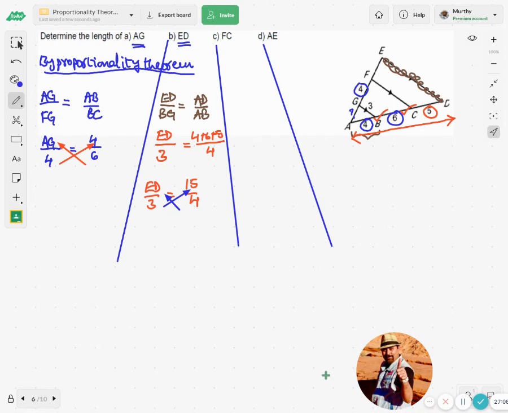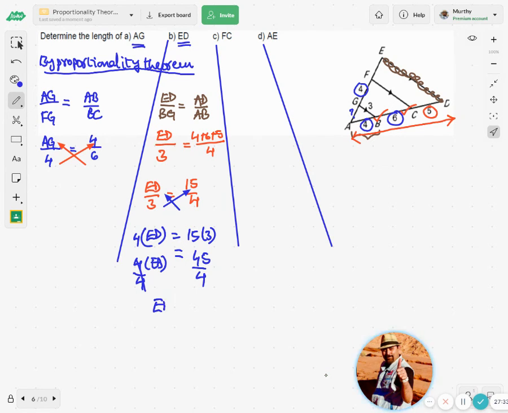Okay, let me explain this part. ED times 4 equals 15 times 3. That gives me 45. 4 times ED equals 45. Then the next step is I have to go for the division by 4 on both the sides.